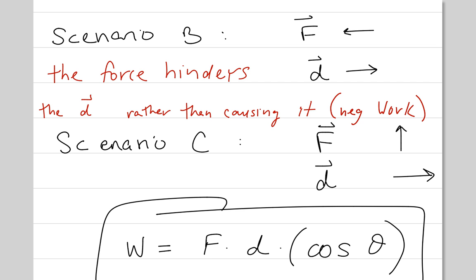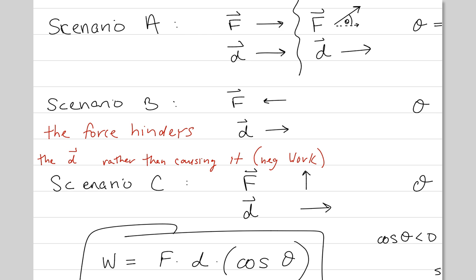Same idea. You're going that way and you're stopping, so the force is opposite. So say the rubber stopper, the frictional force is doing negative work to slow you down. Okay, so that's scenario B. And obviously scenario A, call that positive work, where the force causes the displacement. Okay?